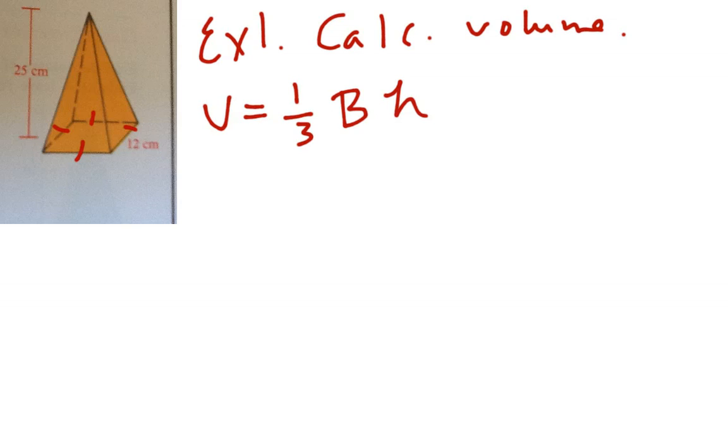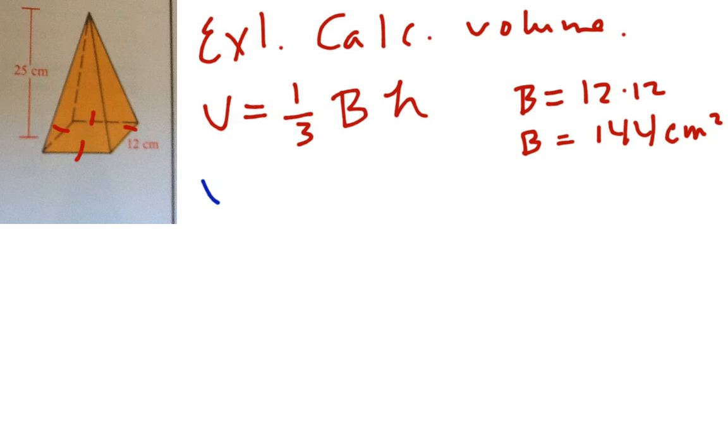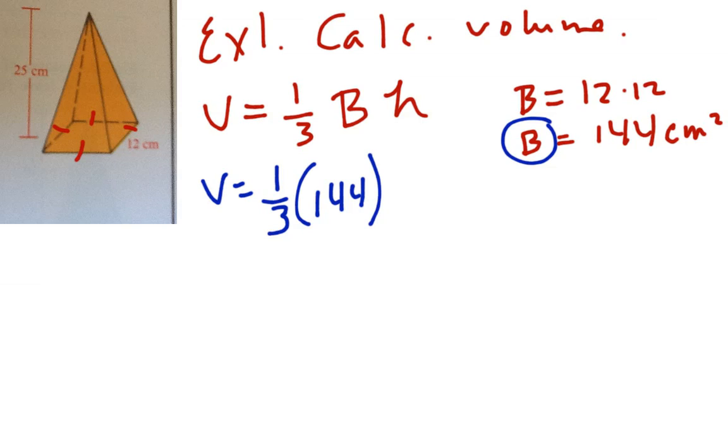But since we know that all of those sides are 12, I'm going to do a side calculation. Base area equals 12 times 12. Base area equals 144 centimeters squared. Now I'm going to come over to my volume calculation and substitute 144 for my capital B. And I'm going to go back to my picture. And they've drawn a nice height.